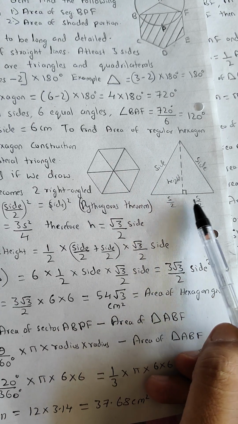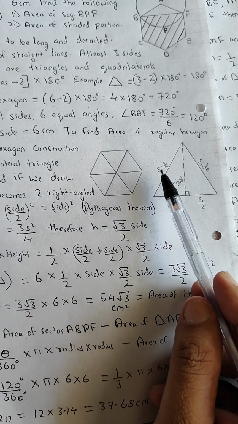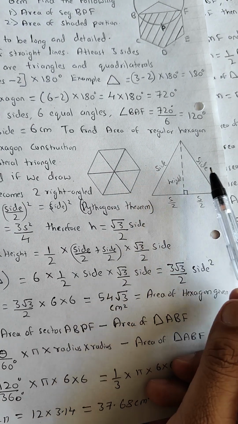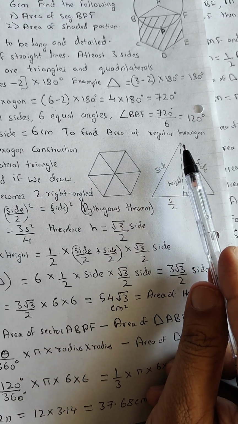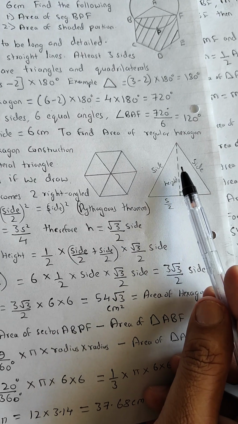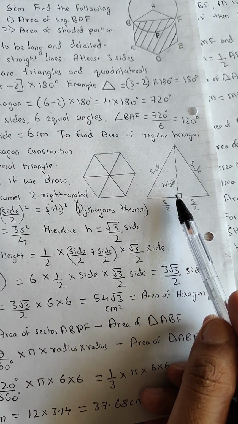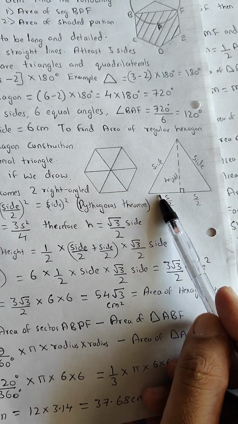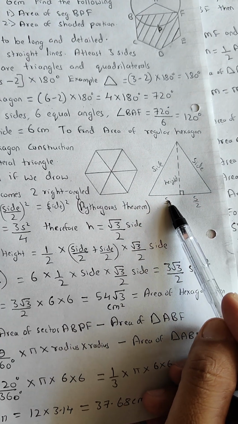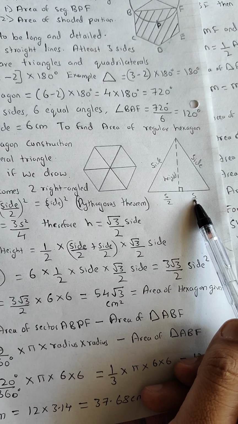Now here in this particular triangle, what we can assume is this is side, this is side, this is side. All 3 are equal sides, but if we construct a perpendicular like this, which is the height of the triangle, that particular perpendicular will divide the base into 2 halves. Suppose this is 6 centimeter, so s by 2, this will be 3 centimeter, this will be 3 centimeter.